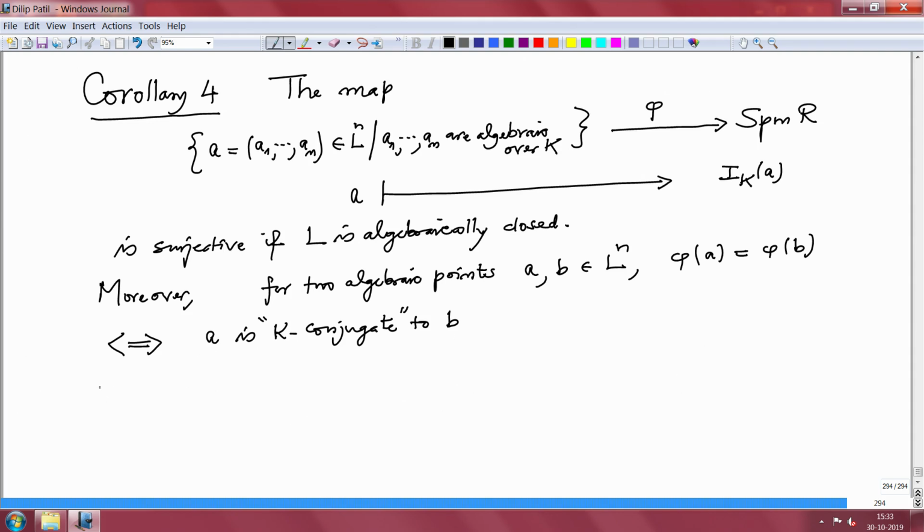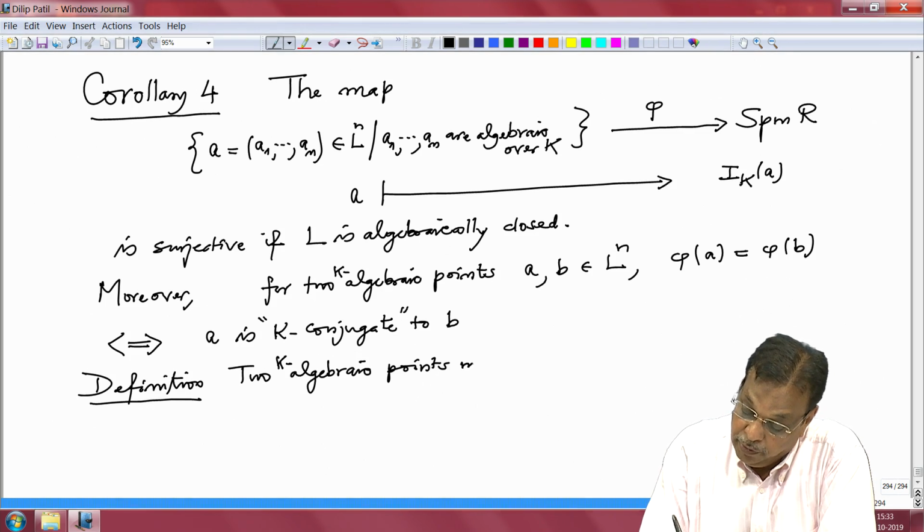So definition, and then we will prove this. Two algebraic points, actually, strictly speaking, I should write K-algebraic points. K-algebraic means algebraic over K in L power n.